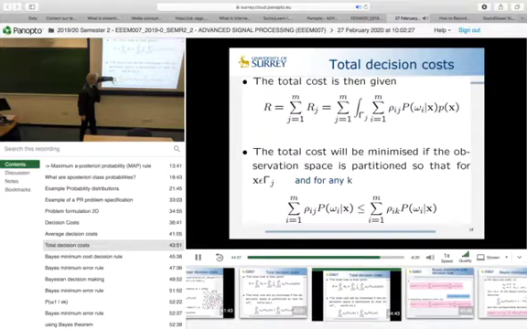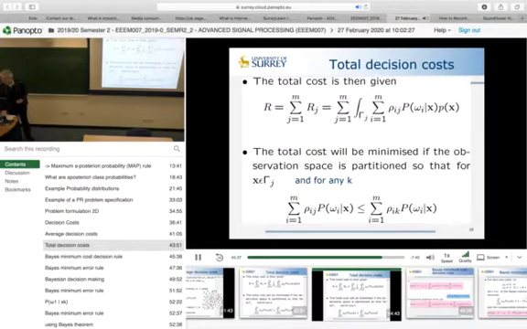So I need to minimize this sum over all of the classes of the costs of making, if I was in class I and I put it into class J, given the probability of class I in that space, that's got to be less than if I made some other decision of classifying it into class K. So I'm going to choose at each point the class J as the region that I put things into in order to minimize my cost.